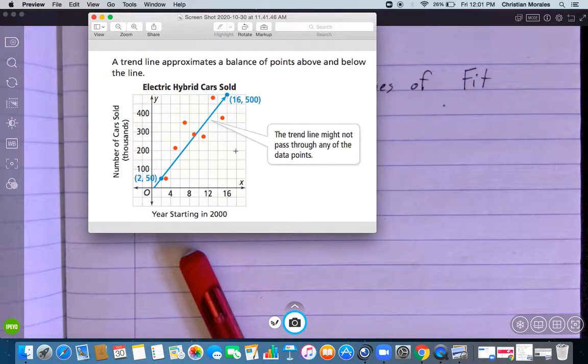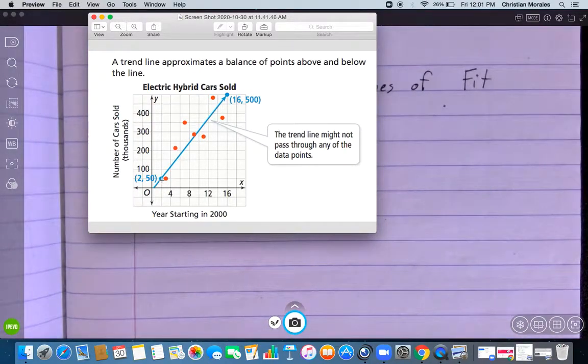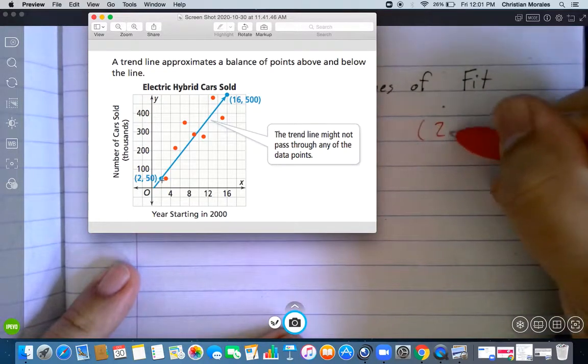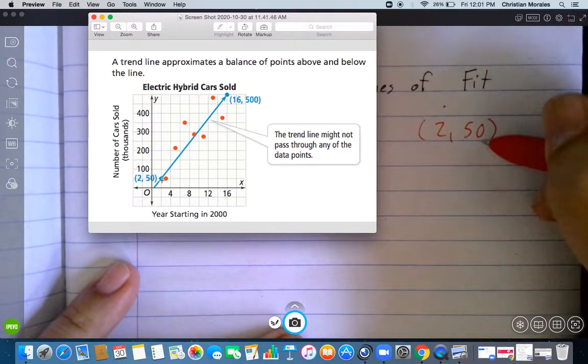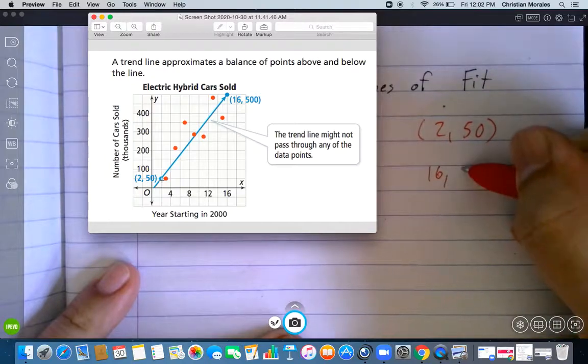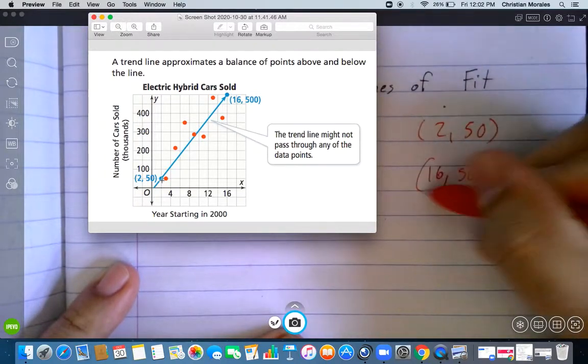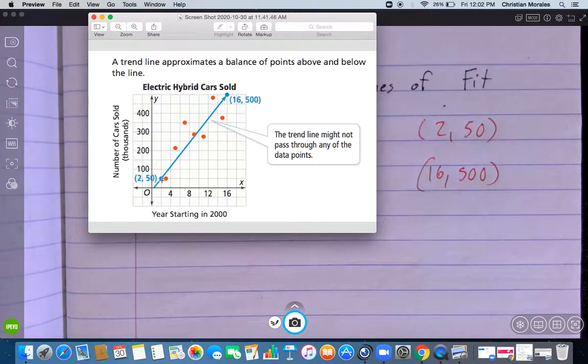They use a point right here for 16, they use 500,000, and for 2, they use 50,000. Now I'm going to write those 2 points down. I'm going to use these 2 points to make a trend line for this information on the scatter plot.